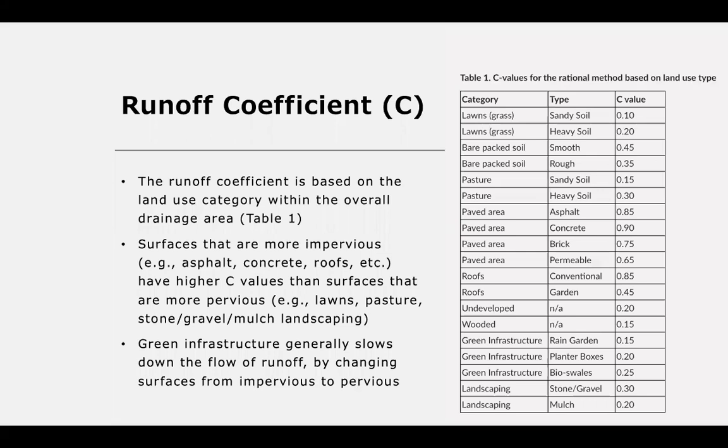So in general, surfaces that are more impervious have higher C values than surfaces that are more pervious. And when we install infrastructure like bioswales, permeable pavement, and rooftop gardens, we're generally slowing down the flow of runoff from the site. Usually we're doing this by changing surfaces that are currently impervious into new surfaces that are pervious.